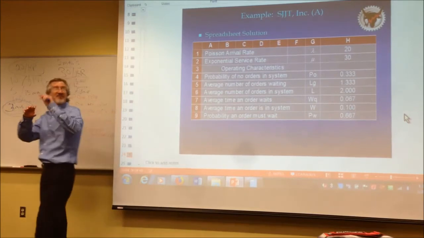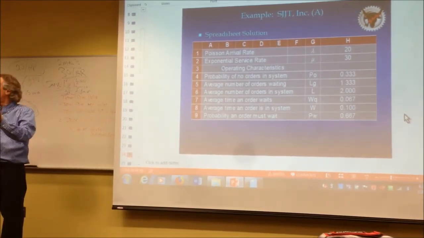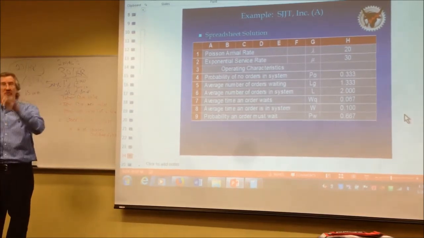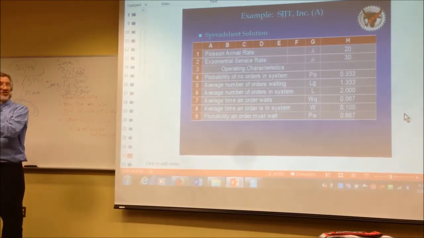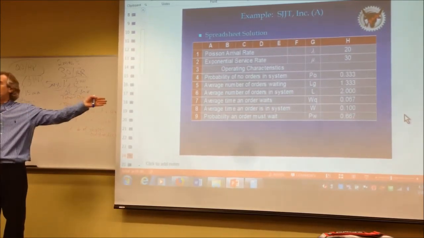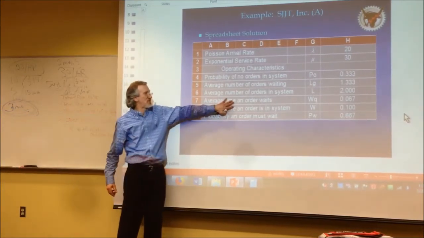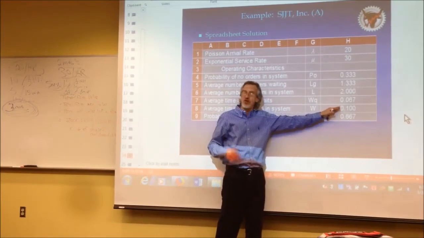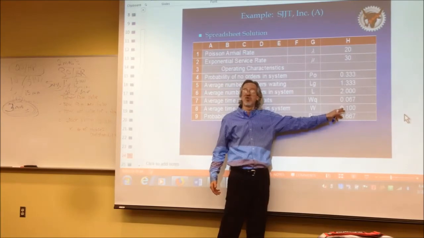As long as you have the arrival and the service in the same interval of time as a rate, you'll get the right answers. It doesn't matter if you have them both in hours, both in half hour, both in 15 minutes, both in 5 minutes. As long as they're both in the same interval of time, you're going to get the same answers, except for the time, because this could be the amount of a half hour. This could be the amount of 5 minutes. This could be the amount of an hour. And you've got to be prepared to then convert that.